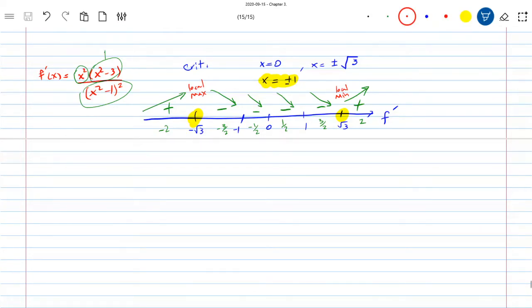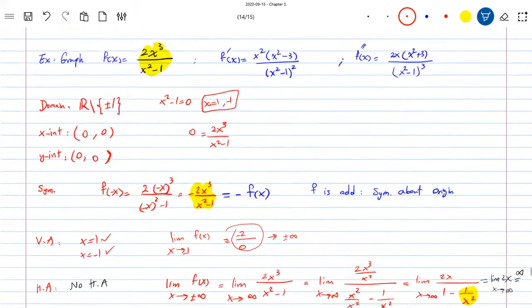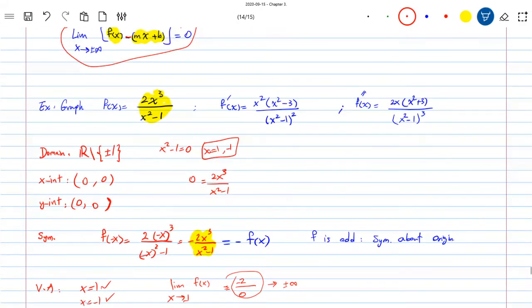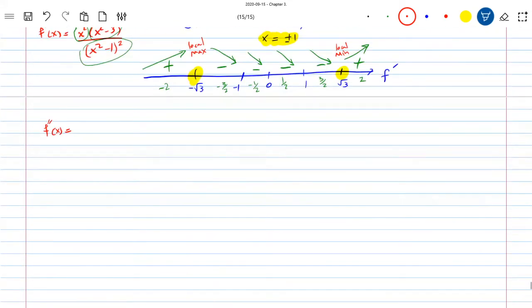If you focus on the second derivative, it is 2x times (x squared plus 3) divided by (x squared minus 1) cubed. Where is this second derivative equal to 0?